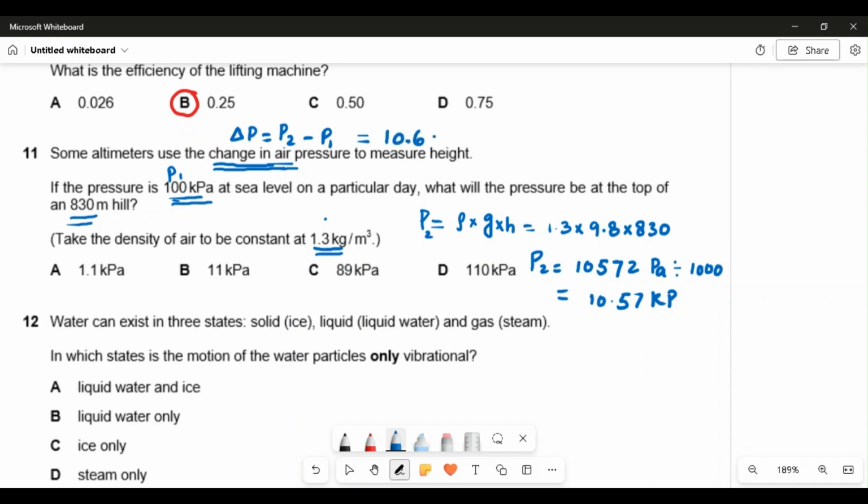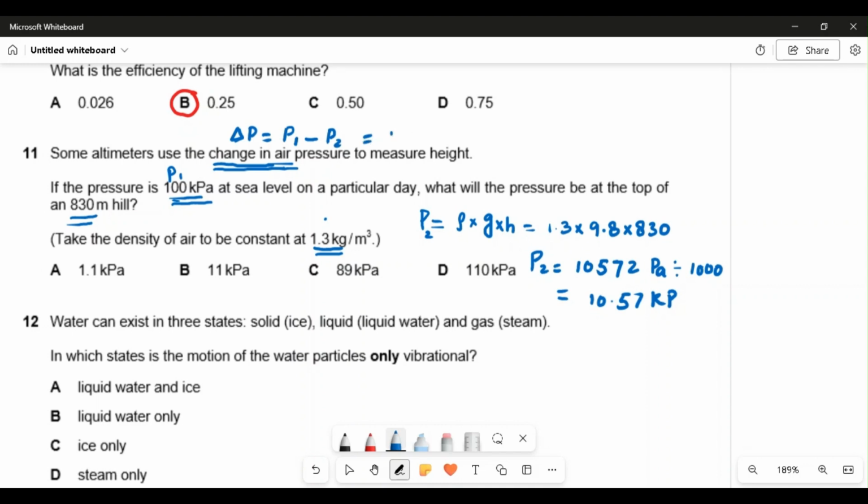The change in pressure can be calculated by high pressure minus low pressure.